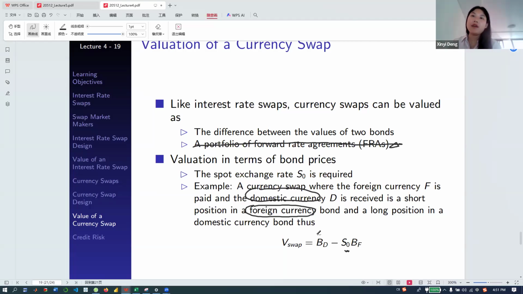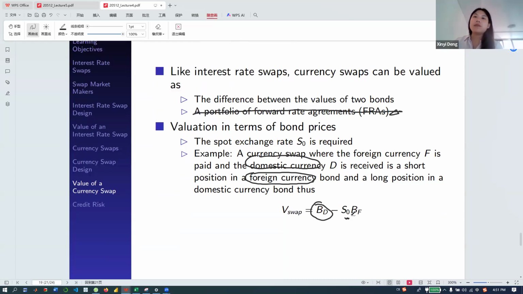So that's why we have BD in the front. And then we have to subtract the domestic currency value of the foreign currency bond. BF is the price denominated in foreign currency.